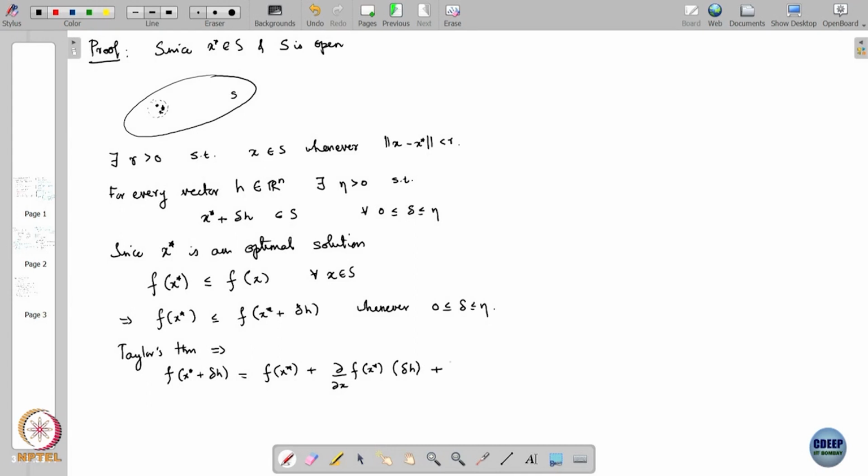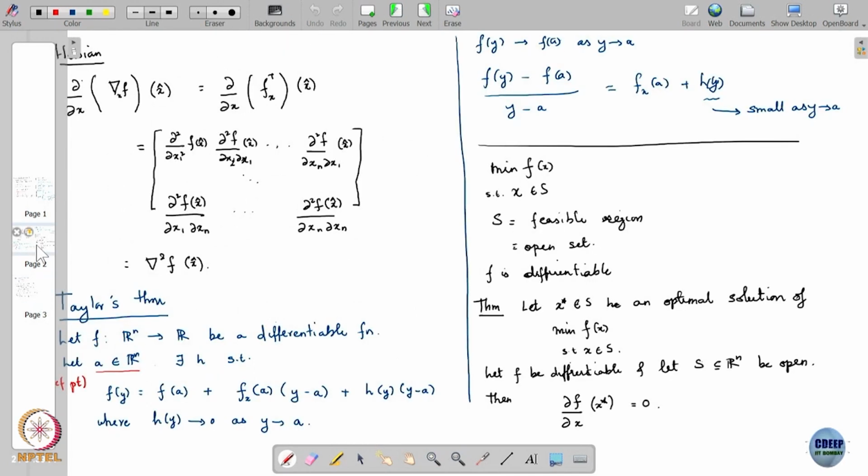Now, go back to what kind of factor it was. My slightly bad choice of notation, because I have used h for the function here, but I hope you will still be able to get this. This factor was going to 0.